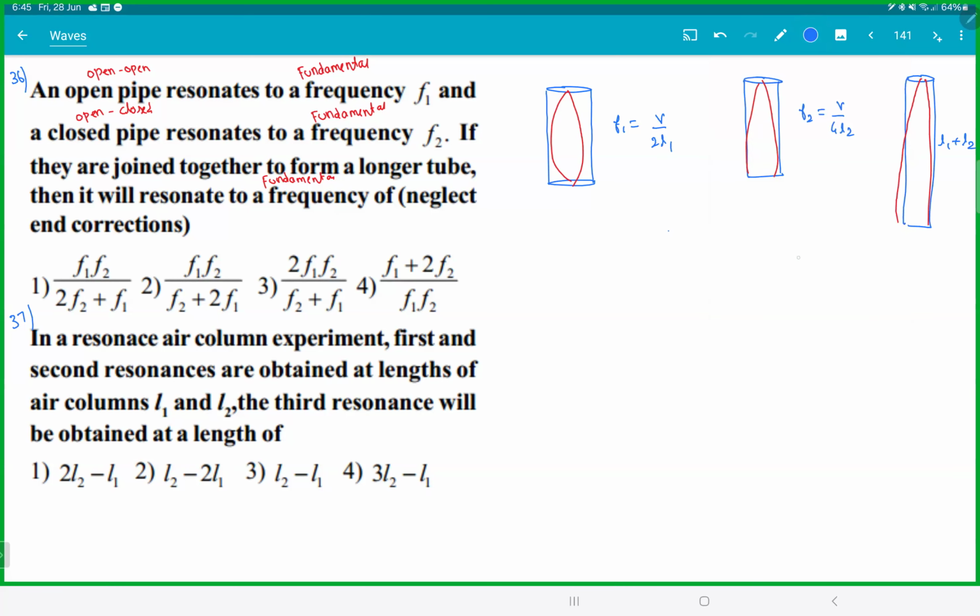So V by 4, times L1 which is V by 2F1 plus V by 4F2. V gets cancelled. This will be 2 by F1 plus 1 by F2. F1F2 by (2F2 plus F1). Yeah, first option. That's all we had to do. Check it out. The fourth option has no chance, the dimensions don't match.